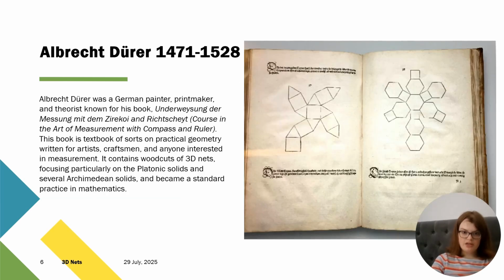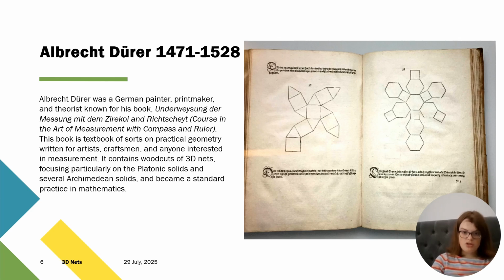Moving on to the next slide, we've got Albrecht Dürer, who lived from 1471 to 1528, so the Renaissance period. Dürer was a German painter and printmaker and also a theorist, so not necessarily related solely to mathematics. He was, if you like, a polymath.